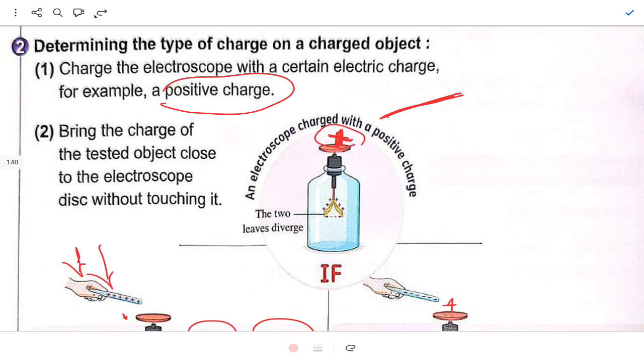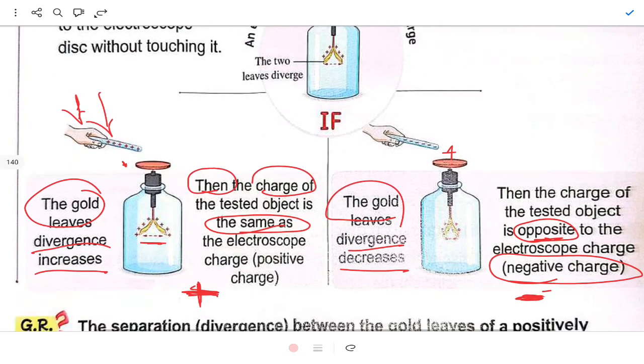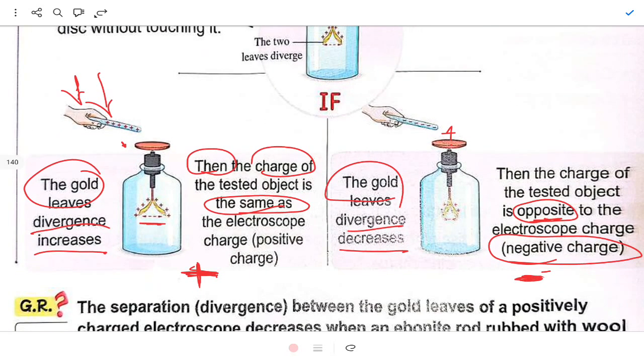If the divergence of the gold leaves increases, you have the same charge, so a positive charge. And vice versa, if the divergence decreases, then the tested object has the opposite charge, so you have a negative charge. I hope this point is more clear for you.